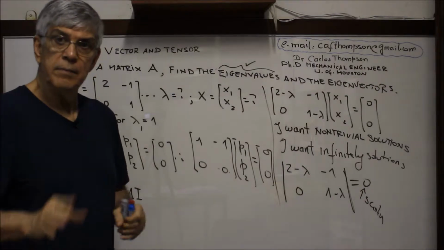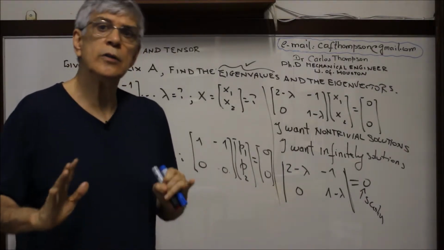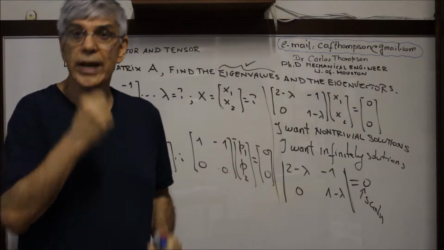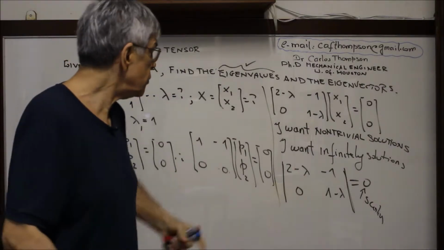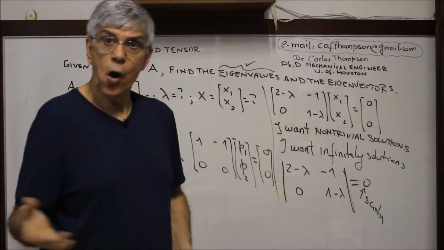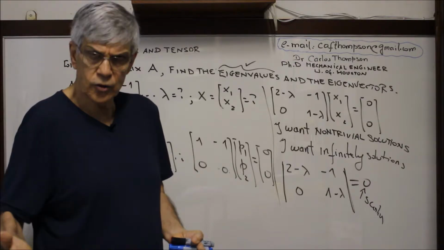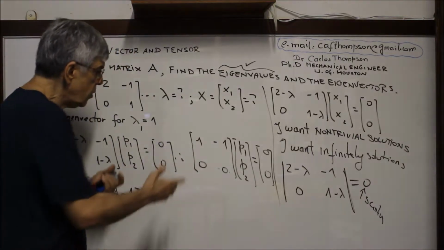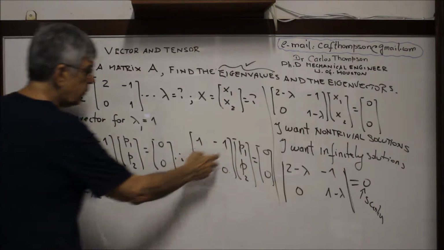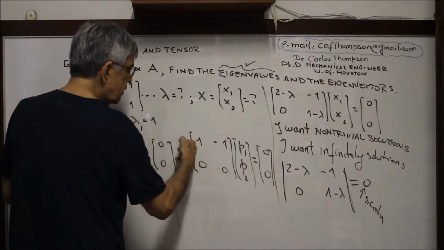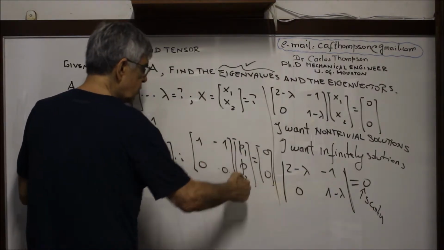Look, before solving, how many solutions do we have? Infinitely many solutions. A trivial solution satisfies, sure. 0, 0 satisfies: you put 0 here and 0 here, and first row, first column will be 0, this will be 0, 0.